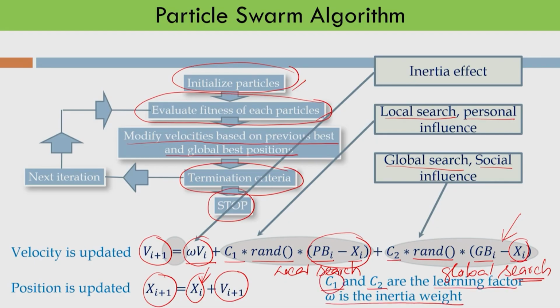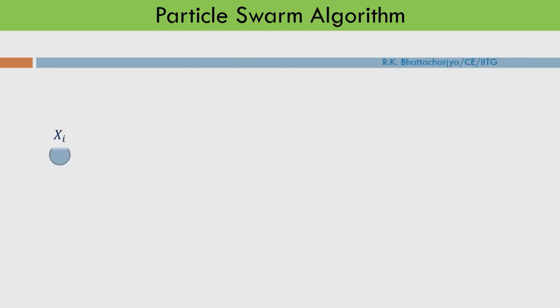You can also say that C1 and C2 are basically step lengths. If you use a large value of C1, you will make a big jump, but if you use a smaller value of C1, you are searching near that particular solution. So I can give suitable values of C1, C2 and omega and control the search process.